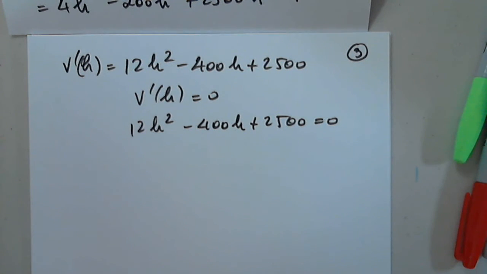So in apps, we want this polynomial. Press 9. So it's a polynomial. Is degree 2? Yes. Okay. Leading coefficient is 12. Next coefficient is negative 400.